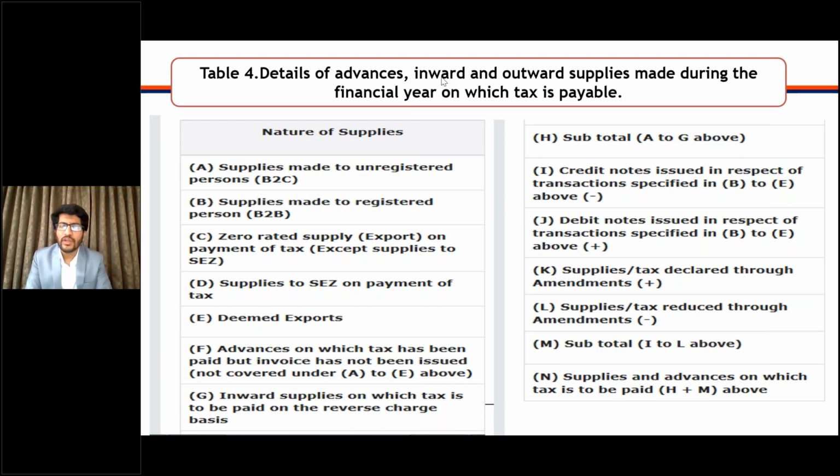Again, it is important on which tax is payable. Also, inward supplies means RCM transactions are also to be reported here. So table 4A consists of supplies made to unregistered persons B2C, supplies made to registered persons B2B, then zero rated supplies export, and fourth we have supplies to SEZ on payment of tax.